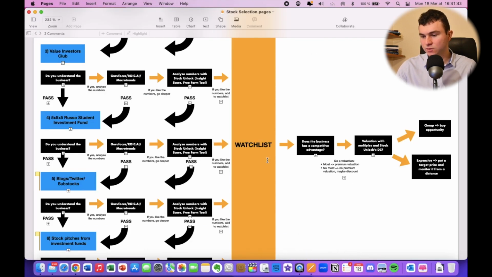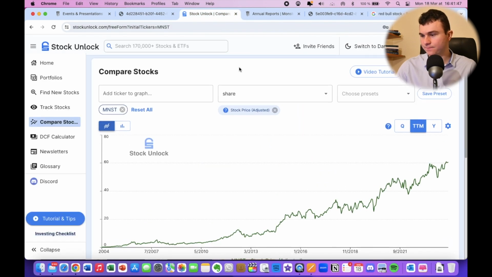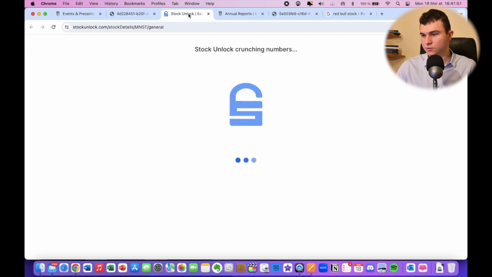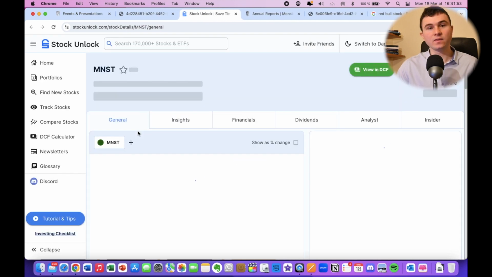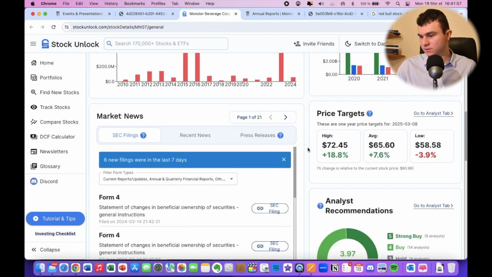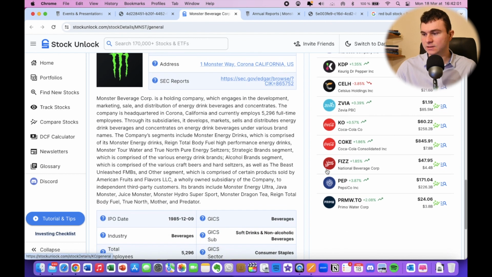But what we can do is to go on Stock Unlock, go to this tab of Monster Beverage and look at the potential competition that Stock Unlock gives us. If you scroll down, you have these companies.